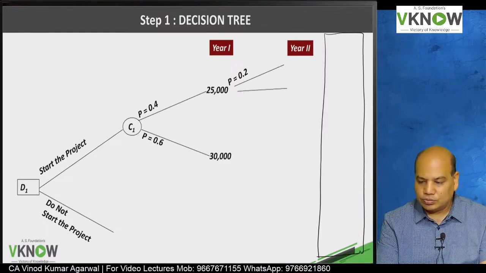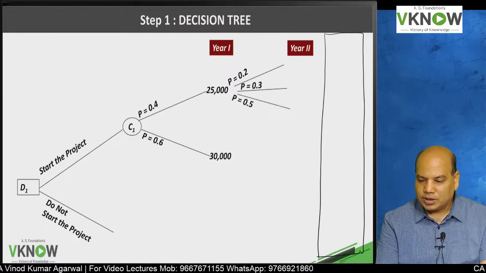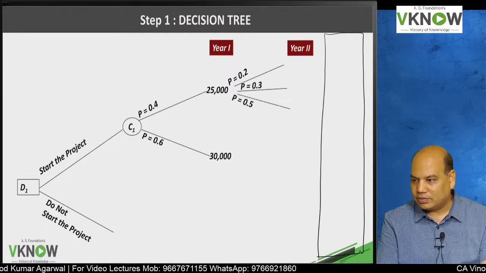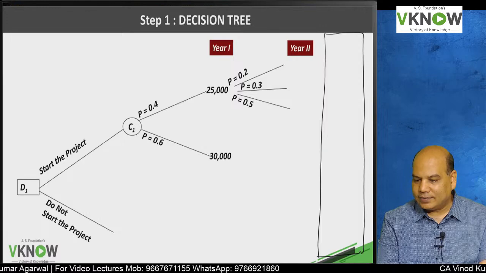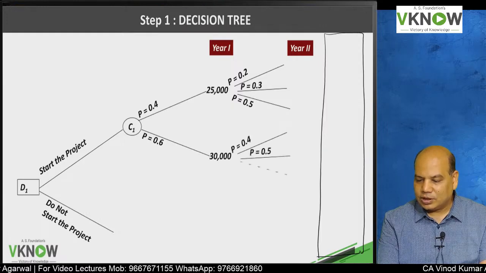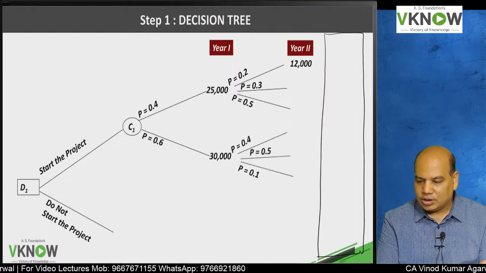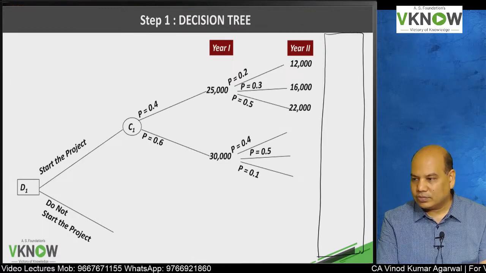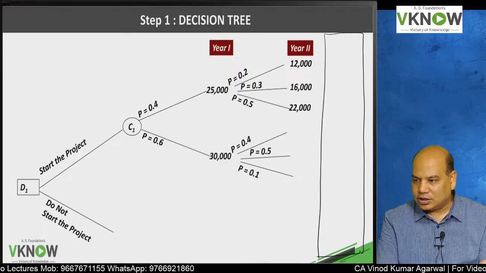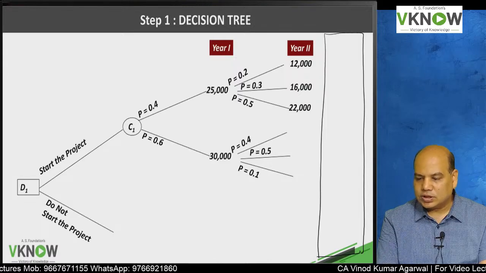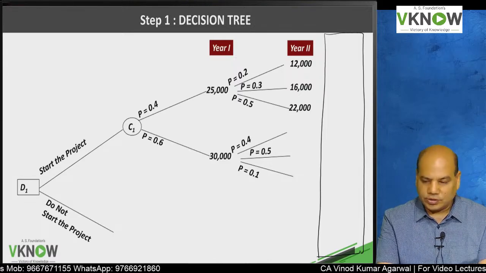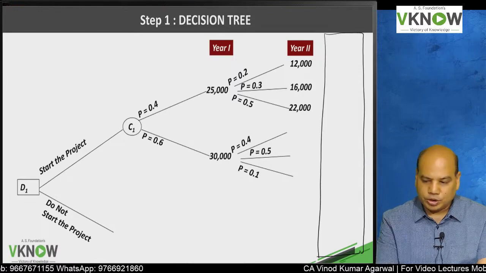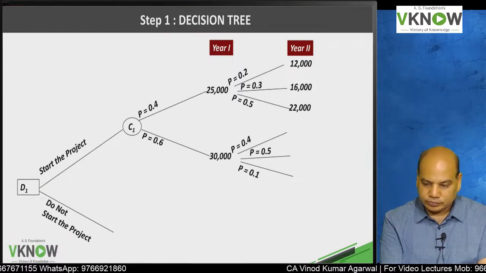Now year 2, answer depends on what happened in year 1. In year 1, we will get 25,000. In year 2, after getting 25,000, we will get either 12,000 or 16,000 or 22,000 with probability 0.2, 0.3, 0.5.